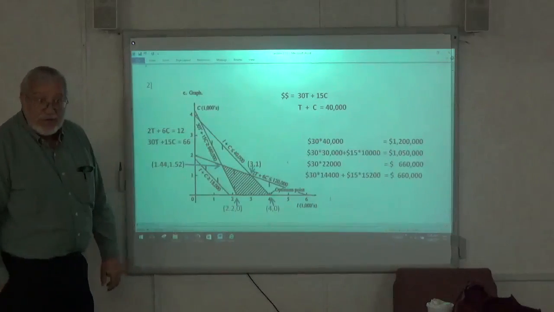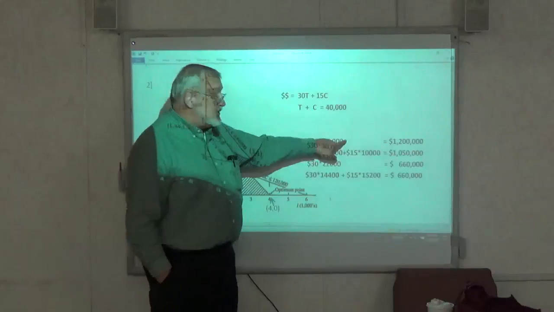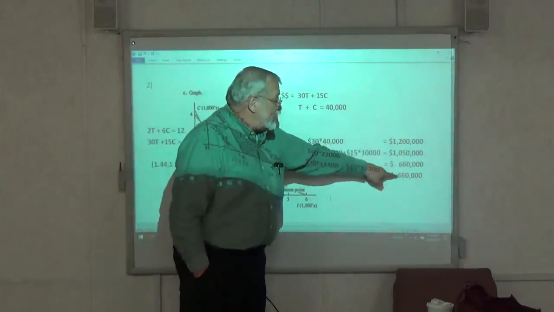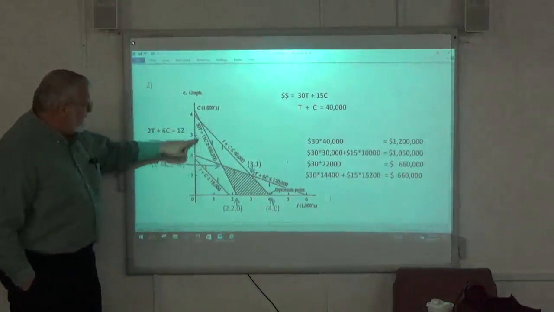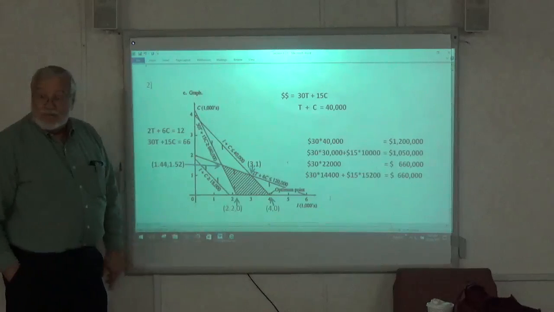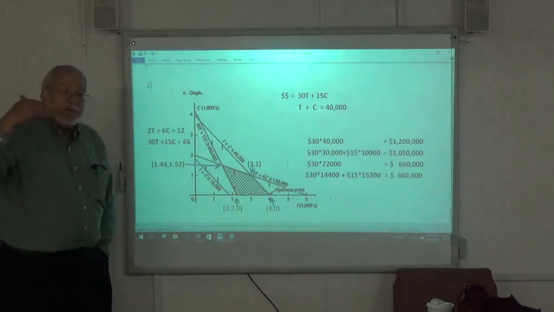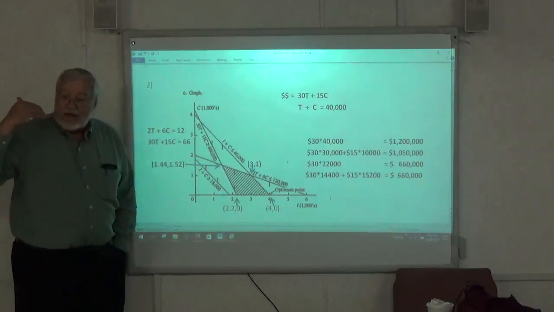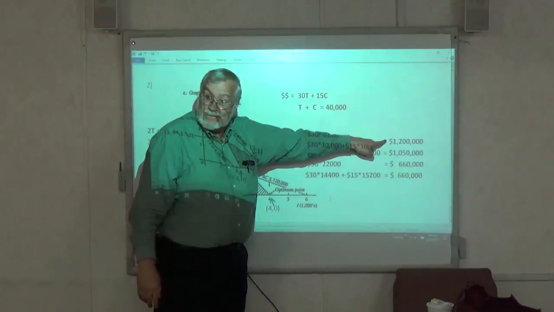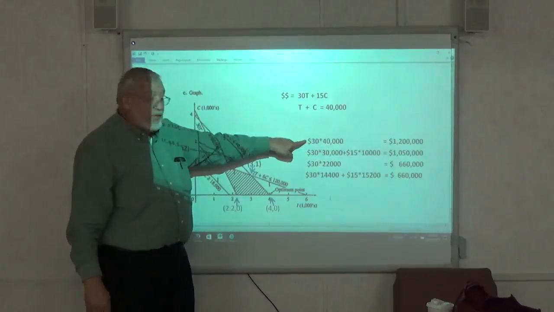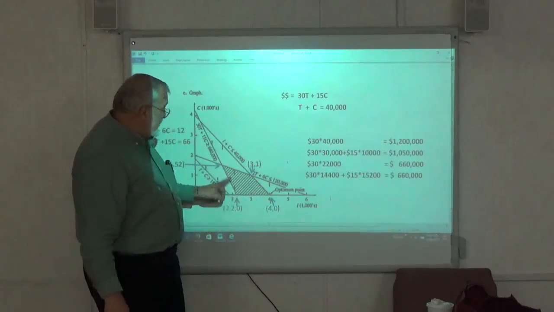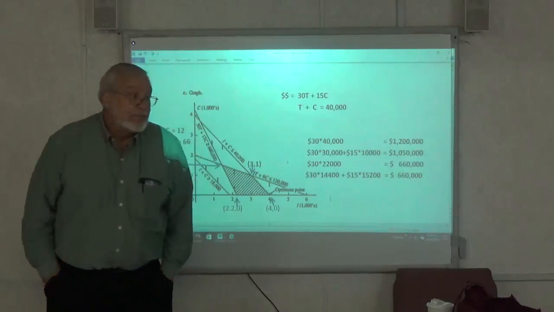That's cheaper. So right now, this is the most expensive. And when you do the other 2, you end up with 660 each, and there's a reason for that: you're on this line, and this line equals 660. And so the question is, what's the most money that they're going to have to plan for? This is what they're going to plan for. The optimum comes from this point right here. And we used to just check these 4.